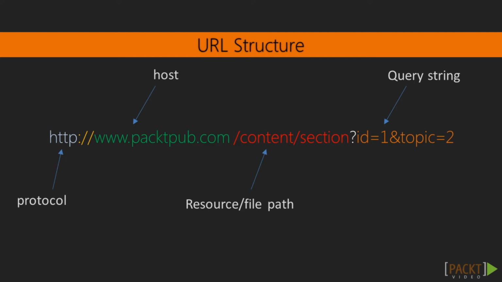These are the parameters that will be passed to the section page for processing purposes. There are some alternatives, like adding a username and password for authentication before the host, or explicitly defining the port for cases where the web server is not listening on the standard 80 or 443 ports.